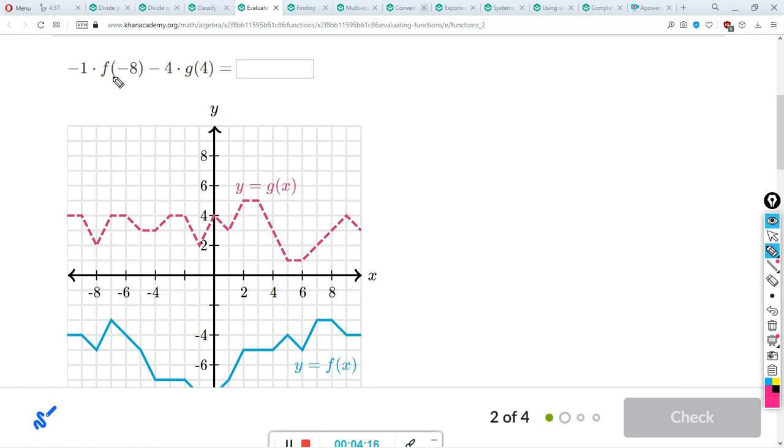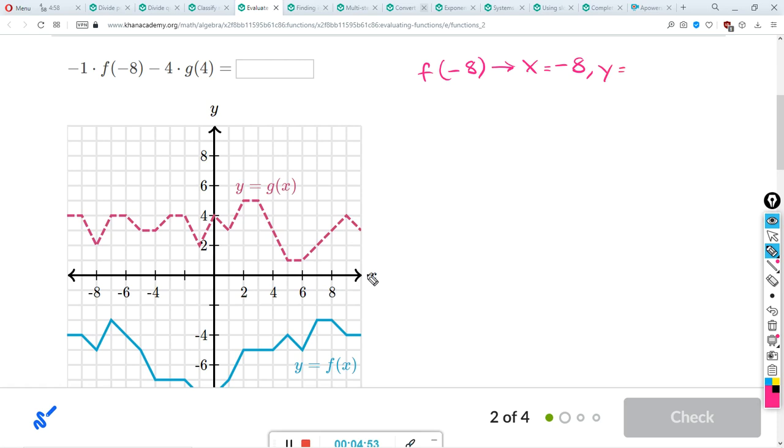Okay, so first we're looking at f of negative 8. Okay, so let's go to negative 8. Alright, see this graph here in blue? This is f of x. See this one with the dashed lines? That's g of x. So for f of negative 8, we go to x equals negative 8, and we find out what y equals.